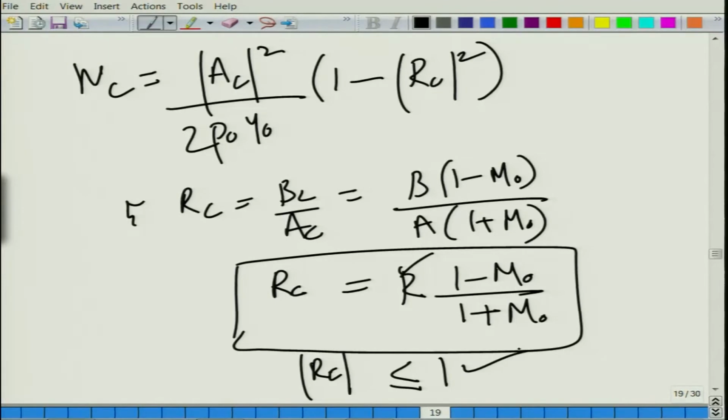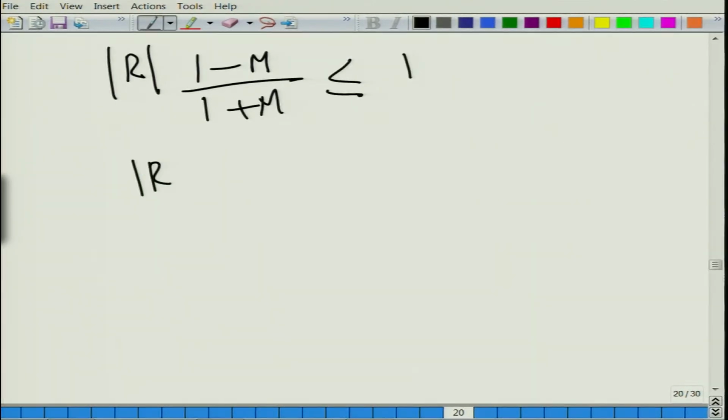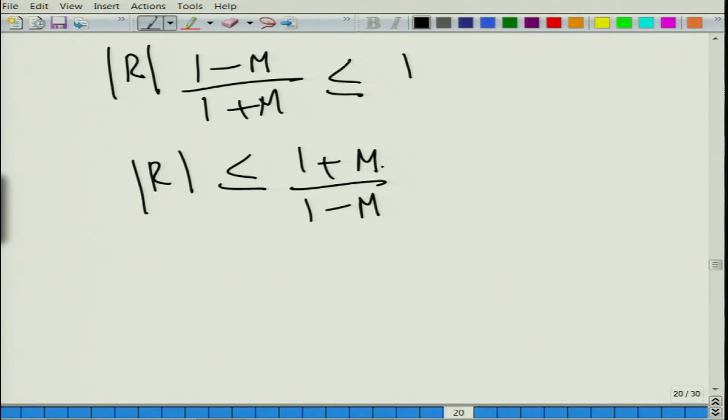Since Rc, the reflection coefficient, always has a magnitude less than 1, we could further come to the conclusion that 1 minus m times magnitude of R is less than 1, and R should be bounded by 1 plus m over 1 minus m. So, the magnitude of the reflection coefficient is less than or equal to 1 plus m divided by 1 minus m. Basically m, like I said, is positive.